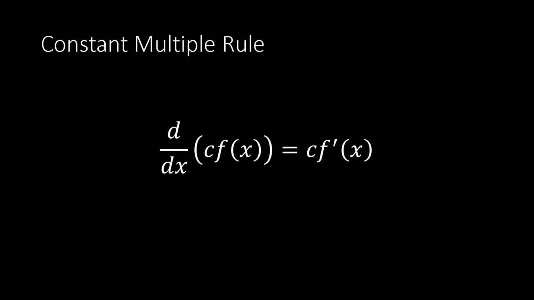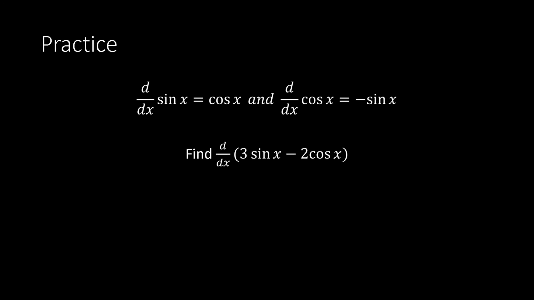Okay, now let's look at an example problem. First, we're given that the derivative of sine of x is cosine of x, and that the derivative of cosine of x is negative sine of x. Let's find the derivative of this function. We're going to use our sum rule, so we're going to say the derivative of this plus the derivative of this. First, let's find the derivative of 3 sine of x.